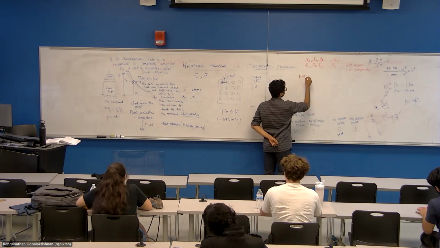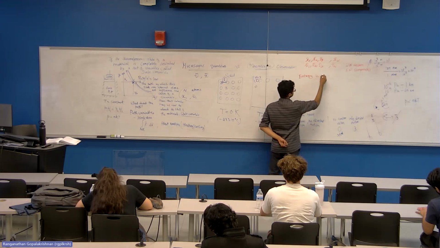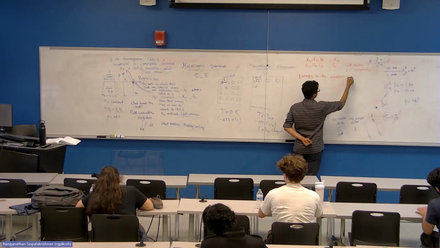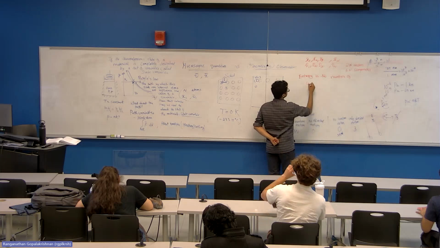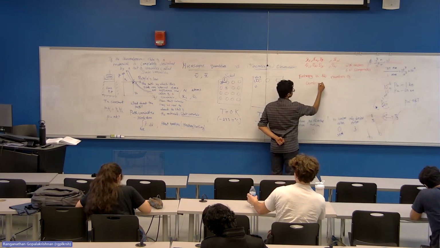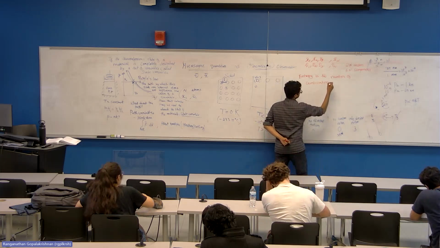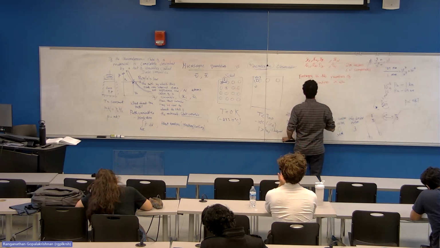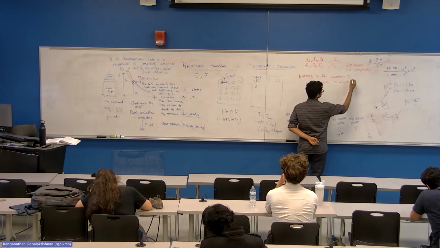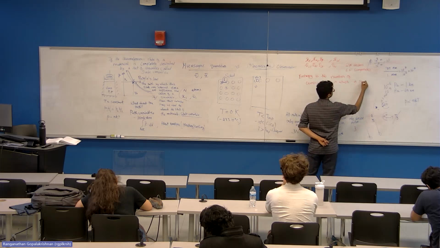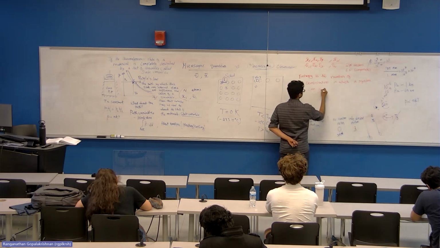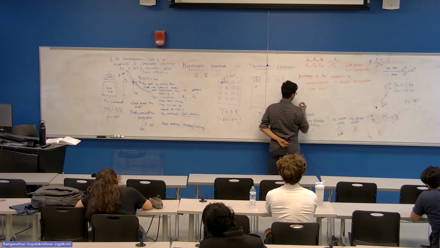Entropy is the number of combinations in which a system can exist.